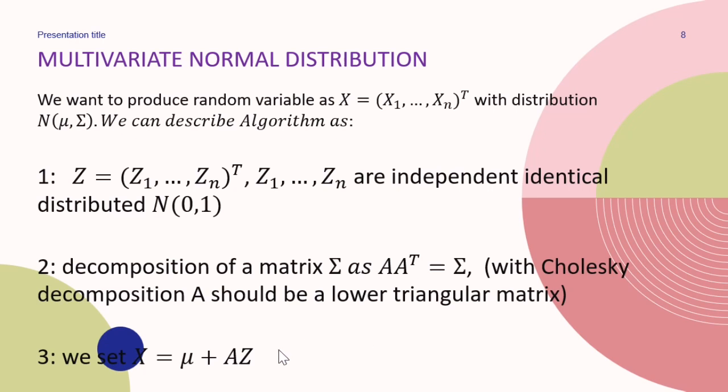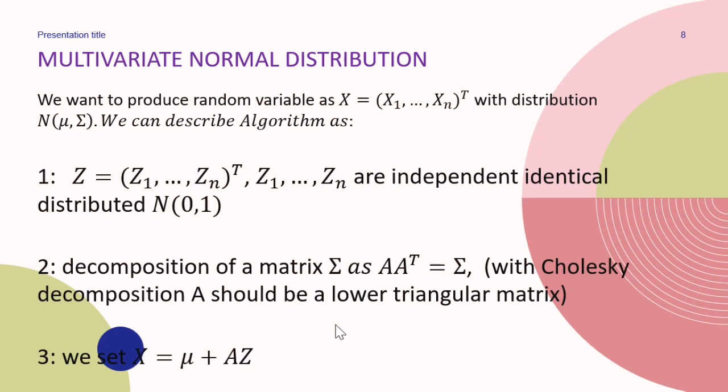And so in this method, after the decomposition of sigma, you need to use this relationship, this equation, which will be x equal to mu plus A times z.